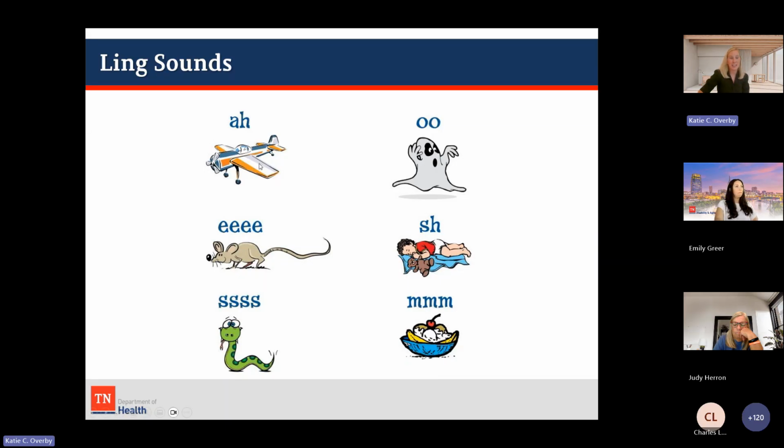So that you would say, ah, ooh, ee, sh, s, and you would wait in between them. And from each time that you do it, so from session to session, you wouldn't necessarily do them in the same order.